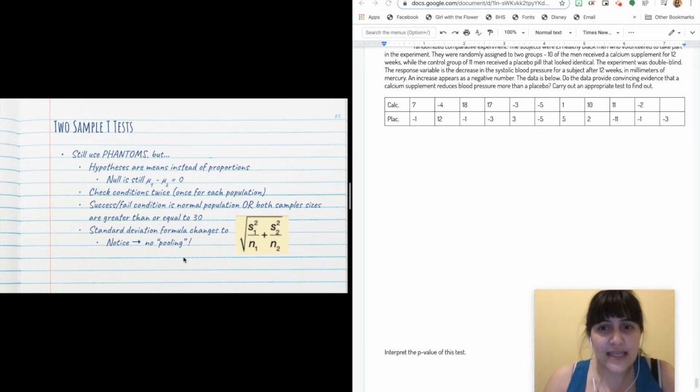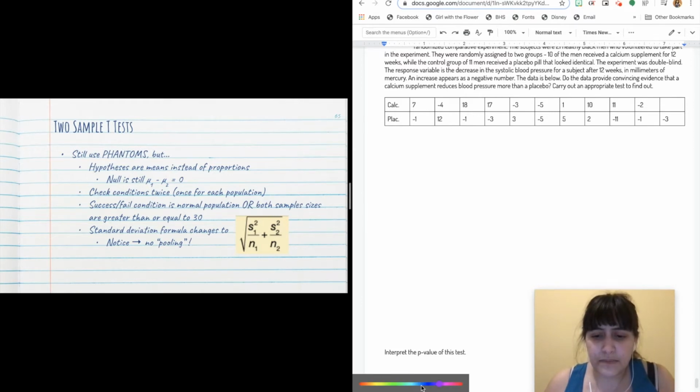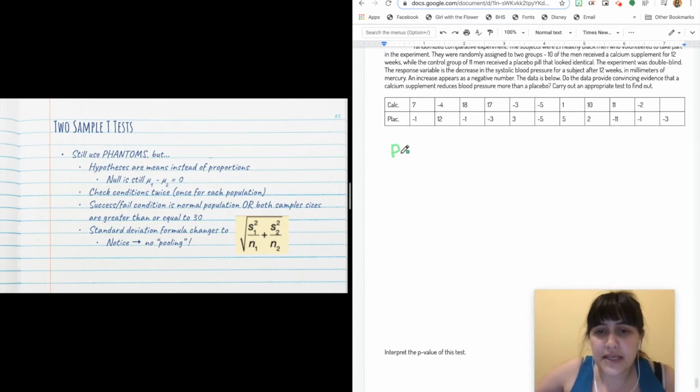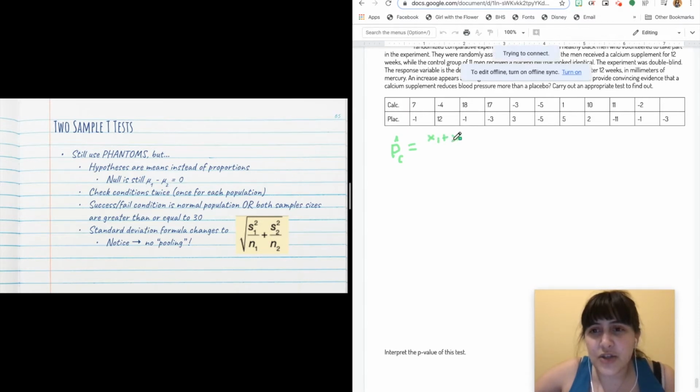The way that we did that is we found a new, combined proportion called the p hat C, written like this. So remember, you had to combine x1 plus x2.